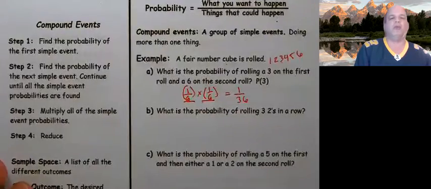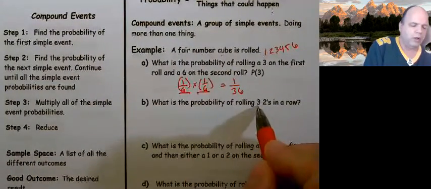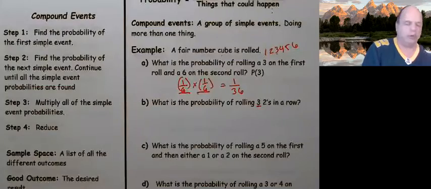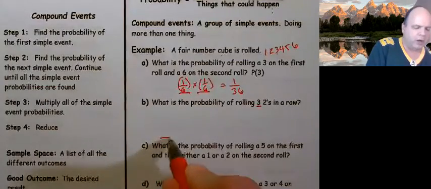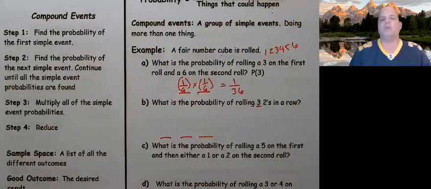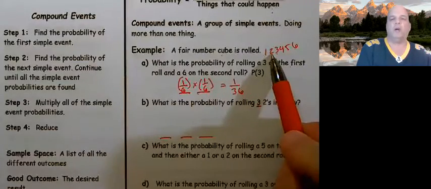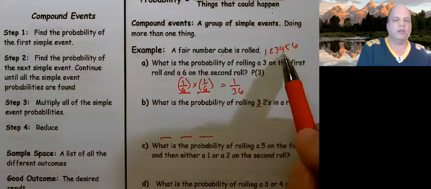The next one says, what's the probability of rolling 3 twos in a row? Here I have 3 things that I'm doing, so I need 3 spaces. By the way, making these spaces is not required, but it certainly will help you out. It tends to help people not forget things. When I look back at my sample space, once again, I only have one 2 out of 6 numbers.